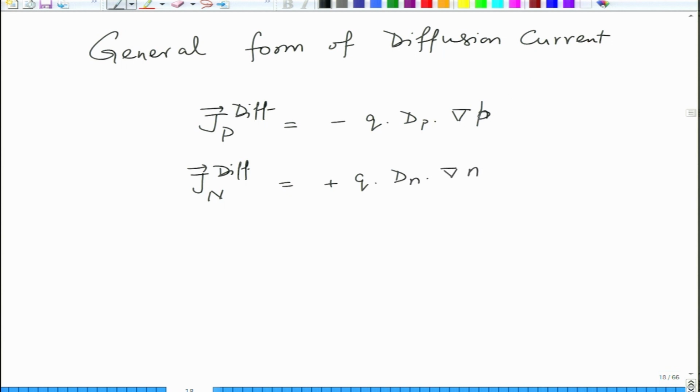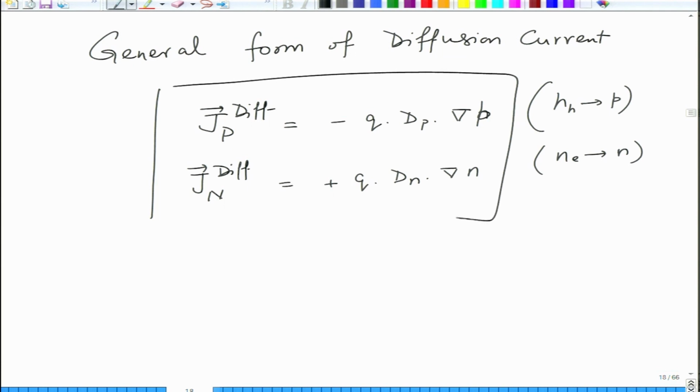Instead of writing del of nh, I have now shifted to del of p; essentially nh is represented as p and ne is represented as n. They will look a little simpler later on. So this is what the general expressions for diffusion currents are.